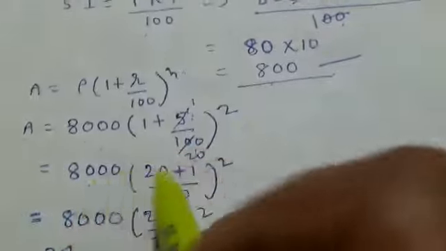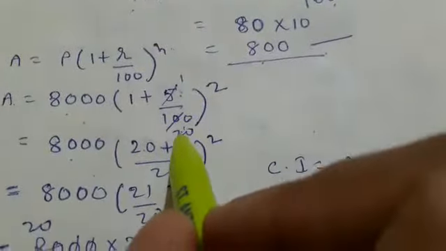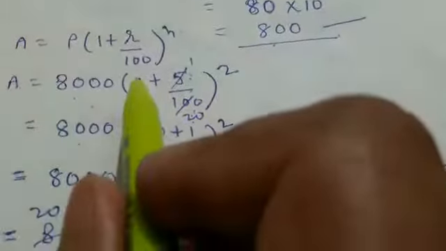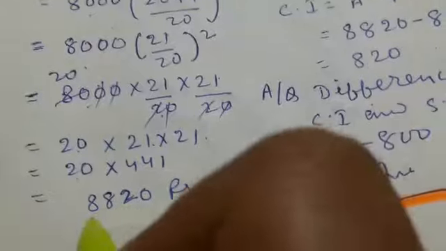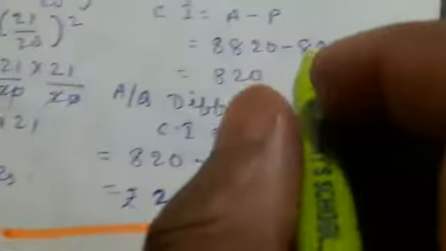So we'll get 8,000 into (1 plus 1 by 20), so 20 plus 1 is equal to (21 by 20) power 2. So 8,000 into 21 into 21 upon 20 into 20. This 20 we will cancel out first. 20 into 21 into 21, that is equal to 20 into 441, by multiplying we'll get 8,820 rupees.